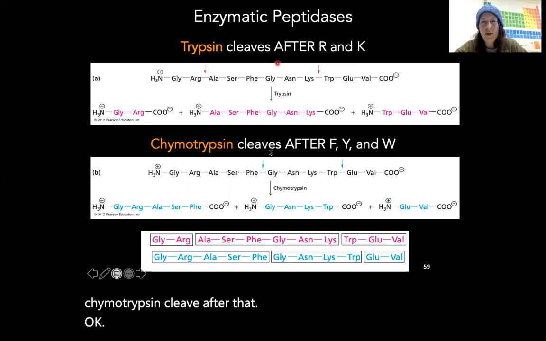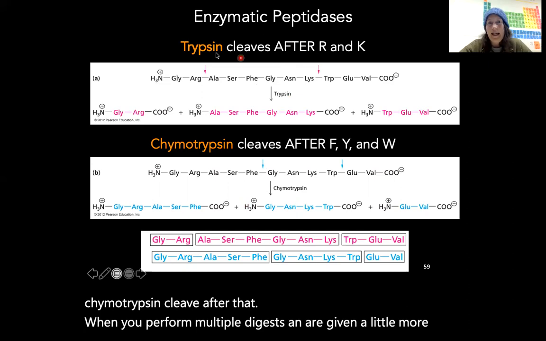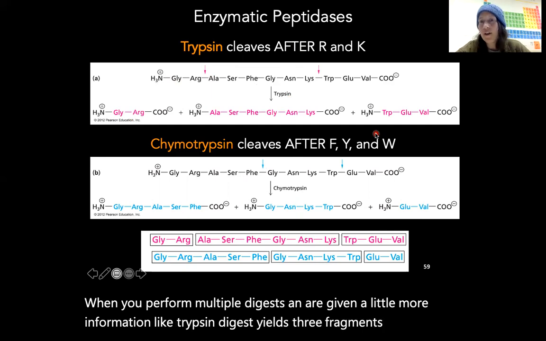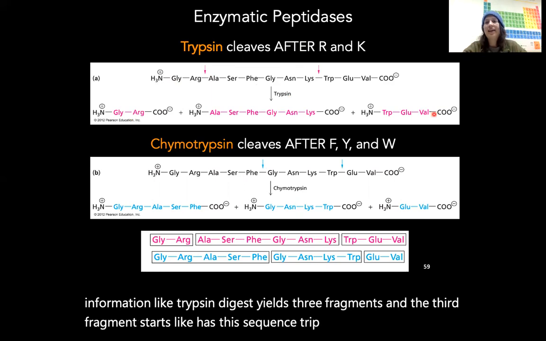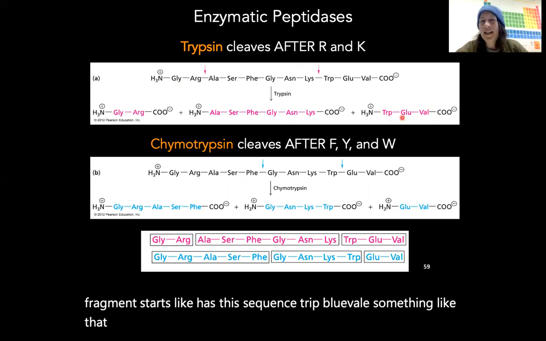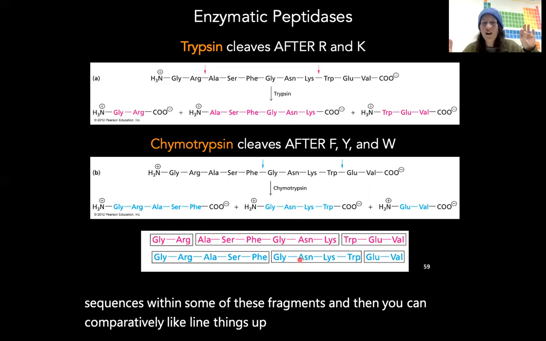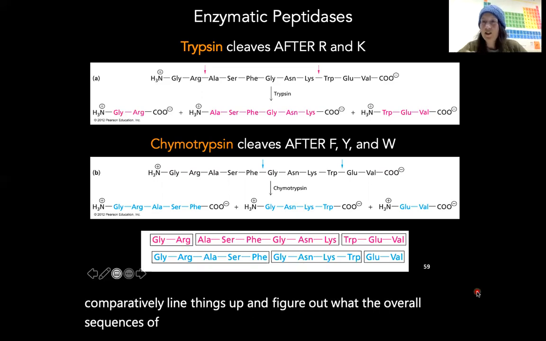When you perform multiple digests and are given a little more information, like trypsin digest yields 3 fragments, and the 3rd fragment has this sequence, Trp-Glu-Val, something like that, then you end up piecing together the different sequences within some of these fragments, and you can comparatively line things up and figure out the overall sequence of your polypeptide chain.